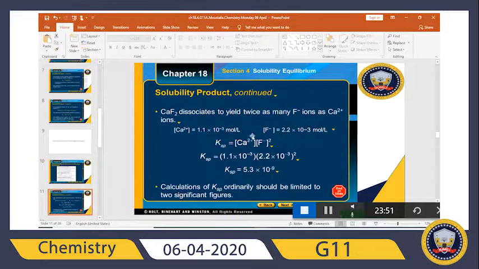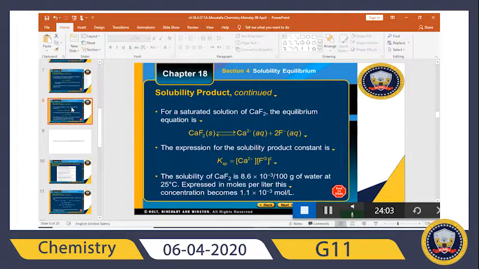Okay, so now calcium fluoride dissociates to yield twice as many fluoride ions, because according to this equation, each one calcium ion will dissociate with 2 ions of fluoride. So this fluoride is not one fluoride, it's 2 fluorides.